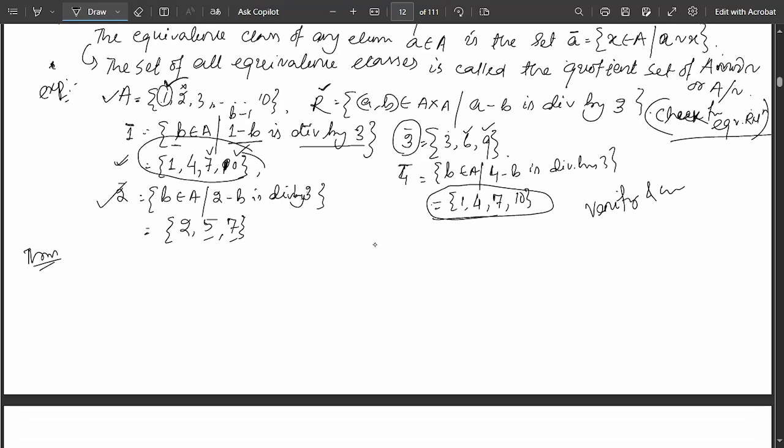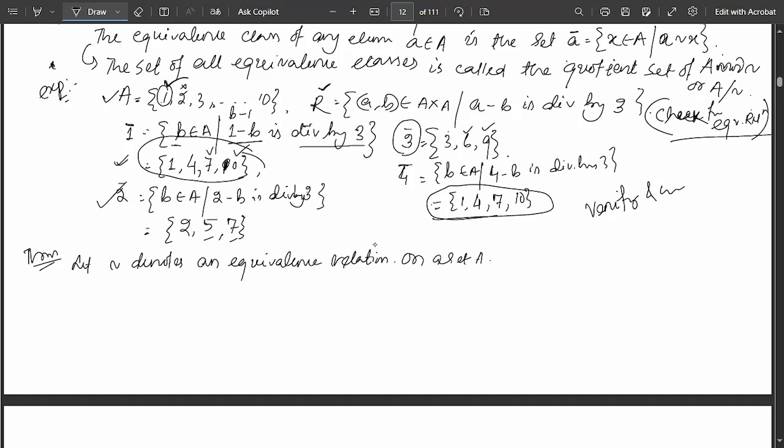Let this symbol denote an equivalence relation. This symbol is generally called tilde. Let tilde be an equivalence relation on a set A. This is an important theorem on equivalence classes.